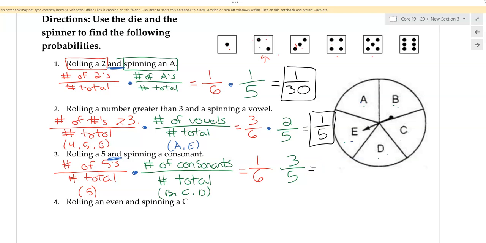So 1 out of 10 is our final answer when I multiply those together. I'm still just typing it in my calculator, but for sake of time, I'm not actually going to show that step.